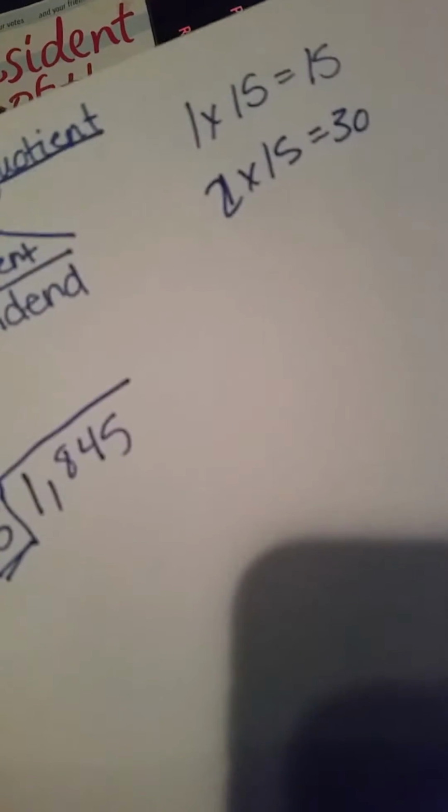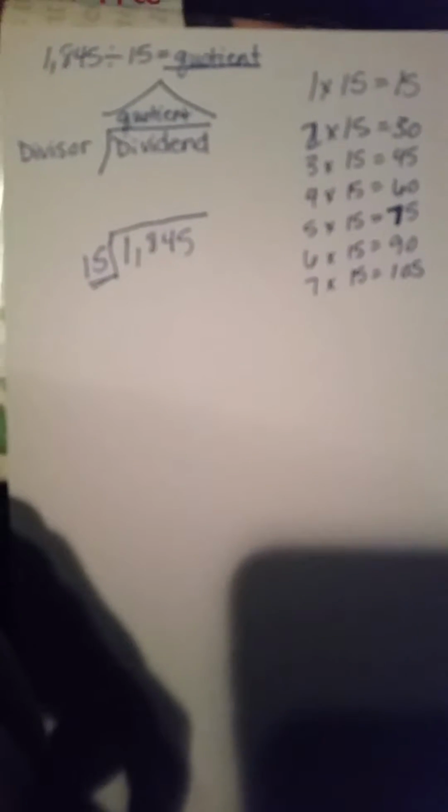The first thing we need to do is get some multiples of the number 15. We know that 1 times 15 equals 15, and 2 times 15 equals 30. We're going to fast forward, and you're going to see all of my multiples. And voila, the magic of video, I now have multiples all the way to 7 of 15.